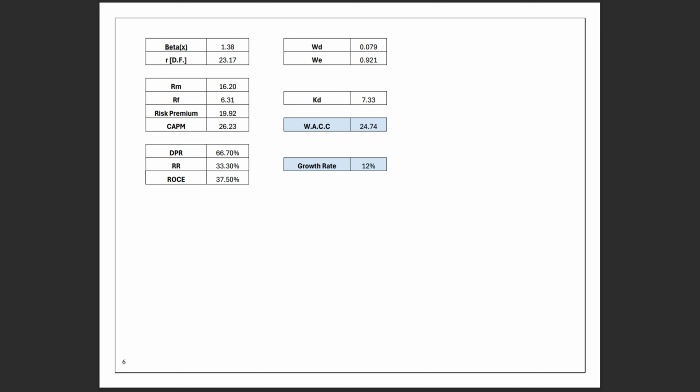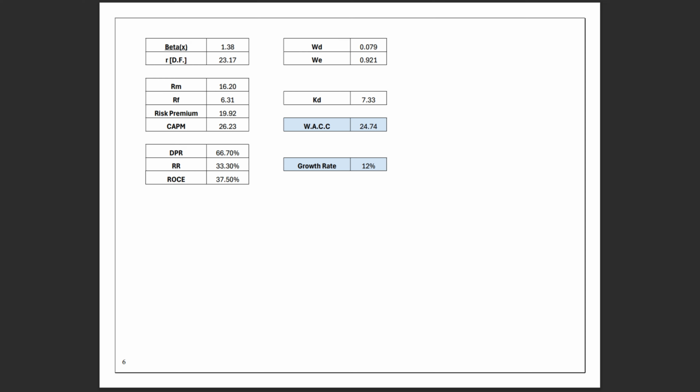Also, we will require the growth rate to find the estimated future cash flows of the firm. And for finding the growth rate, we will use the retention ratio, which we will get by calculating 1 minus DPR, that is dividend payout ratio, which is 66.7%.